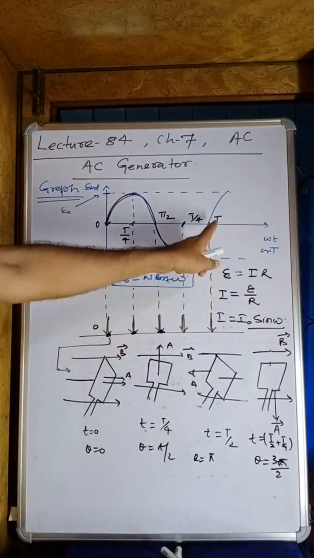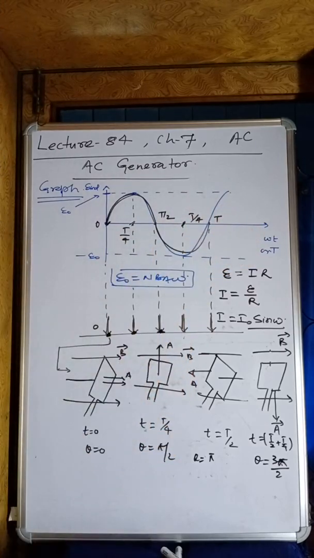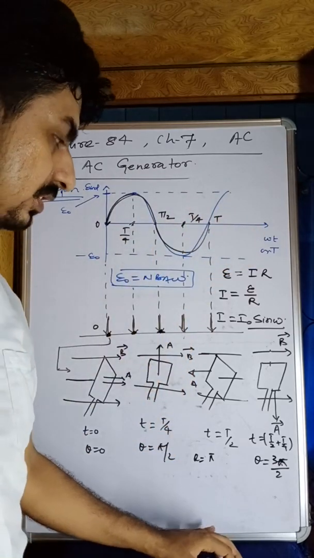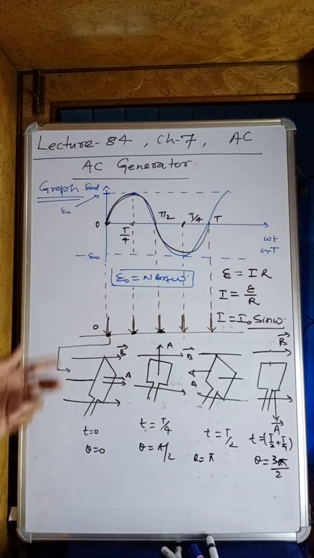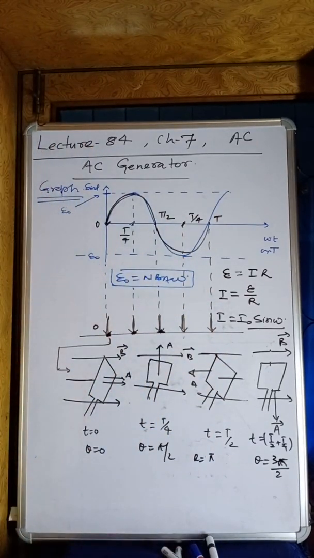We have not mentioned it for this value. So this is actually the working of the AC generator, and this is the graph of the AC generator.